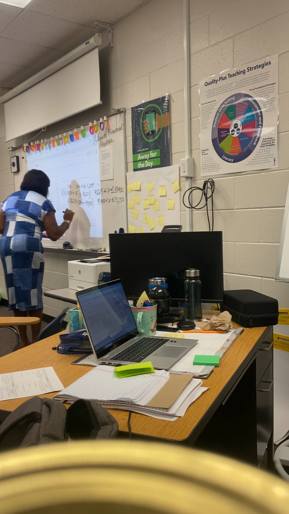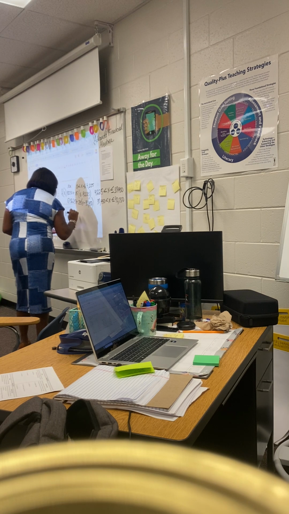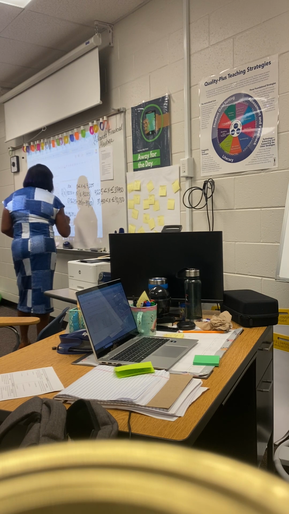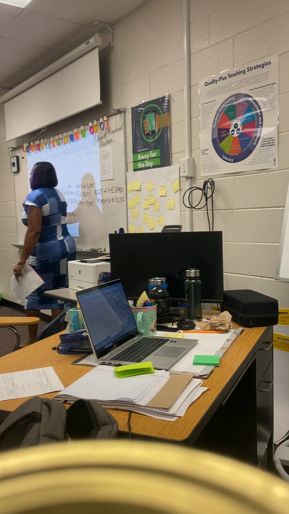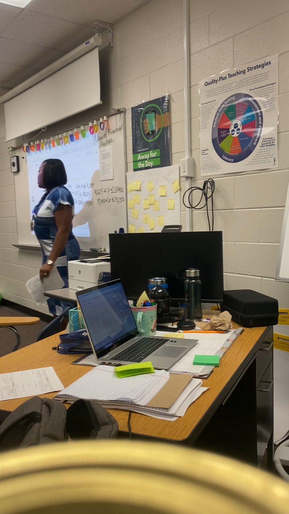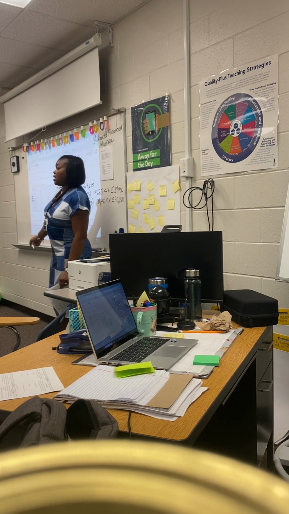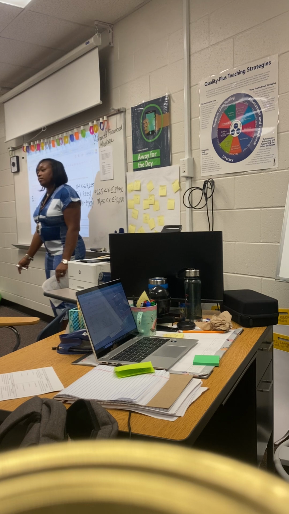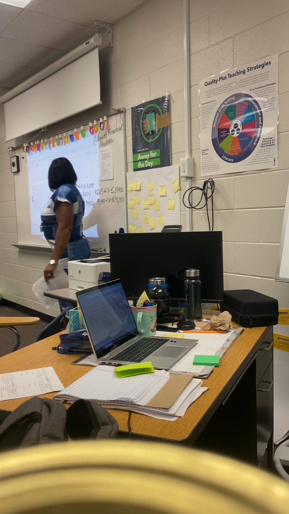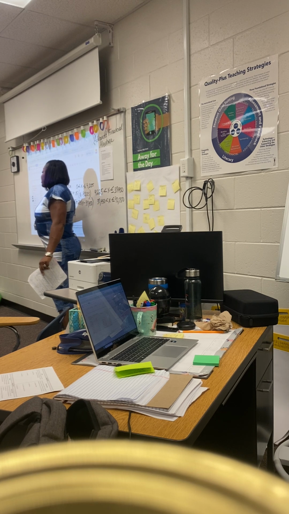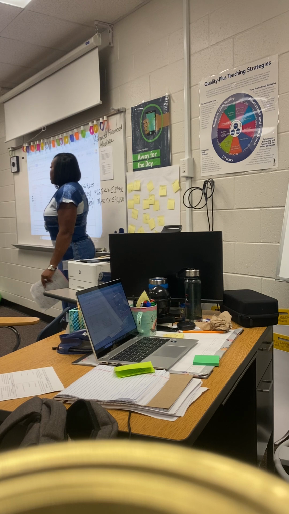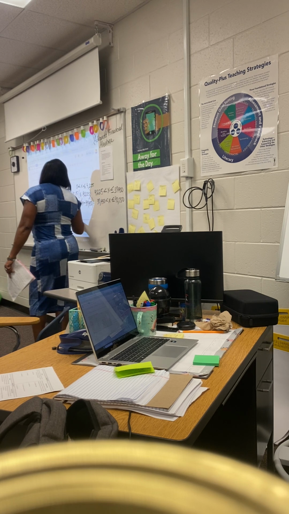$119,996.25 plus, what is 39.6% as a decimal? 39.6% as a decimal. I'm taking 39.6% and making it a decimal. Isn't it like 0.39? 0.396, you can't leave off the 6.